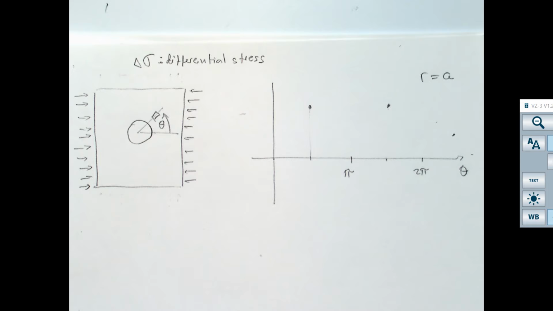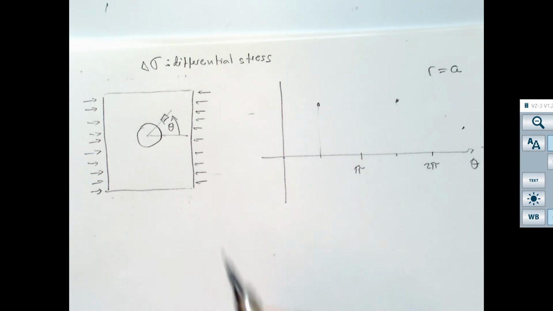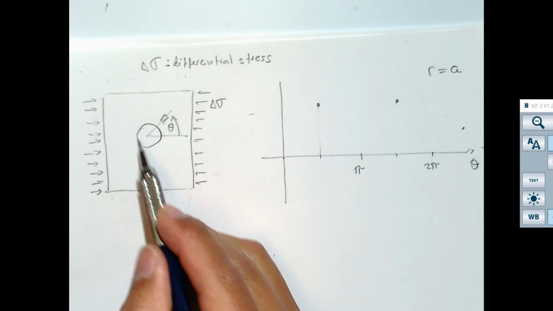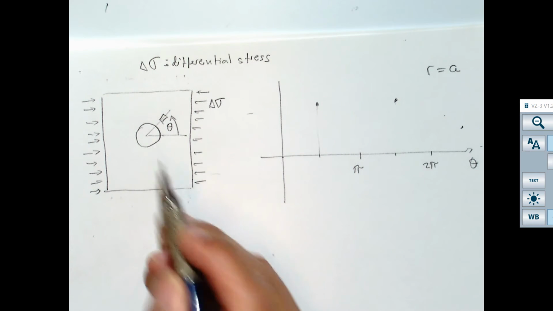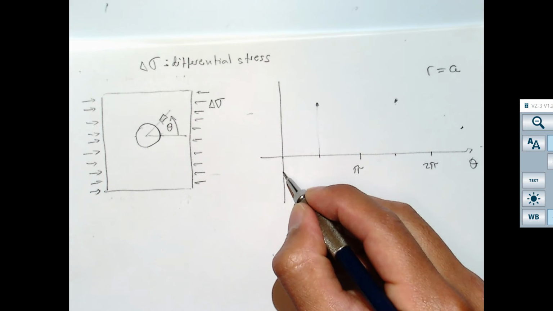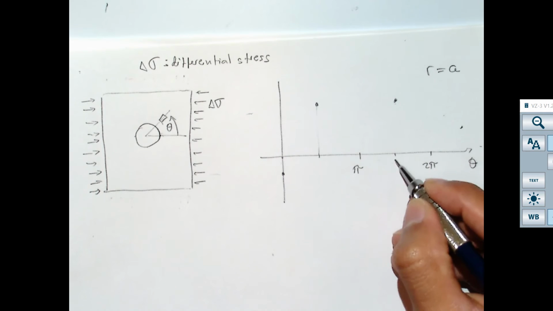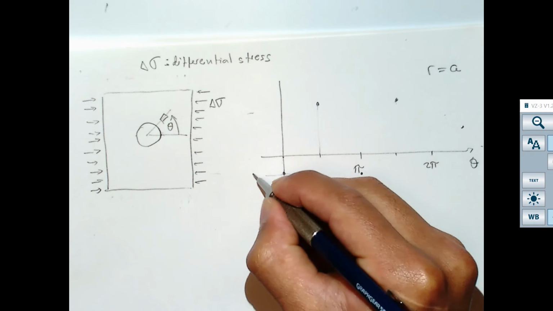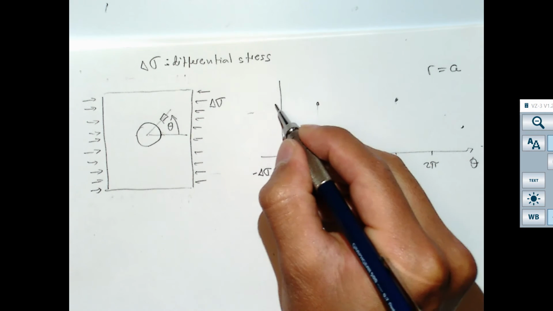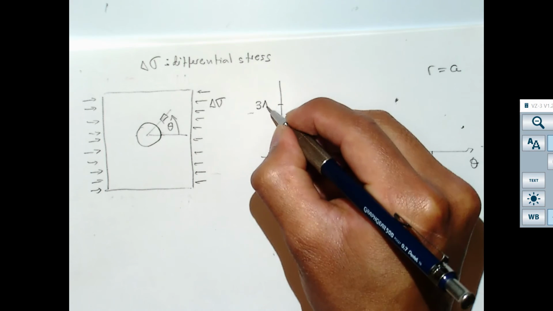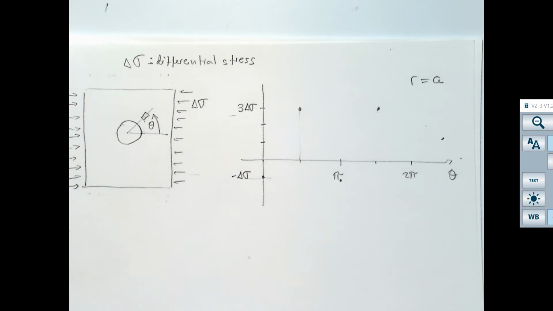But the Kirsch equation tells you that if you just had this differential stress on this direction and no other stress in the other direction and no pressure inside the wellbore, at this location over here and there, you will have a tension. So here and here, you will have a tension. And the value of that tension is actually the value of the differential stress, and the value of the compression on the other side is 3 times the differential stress.